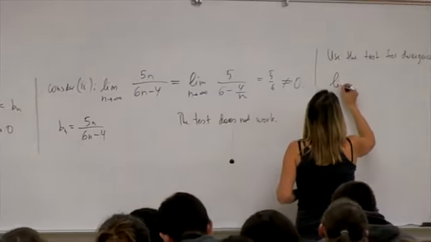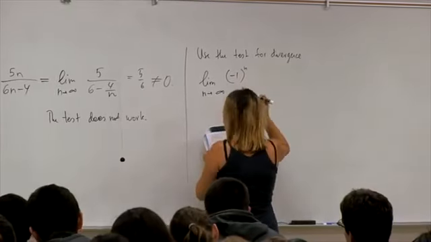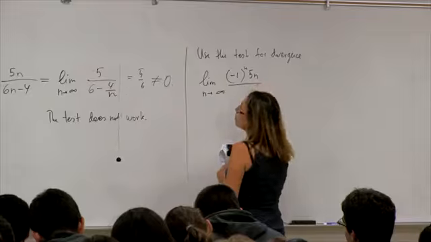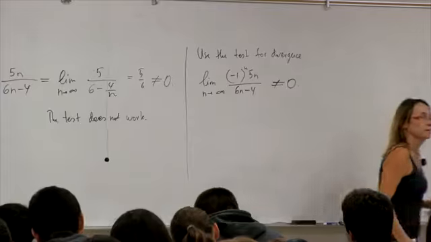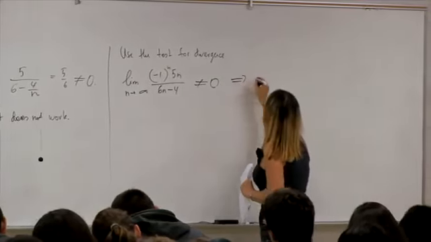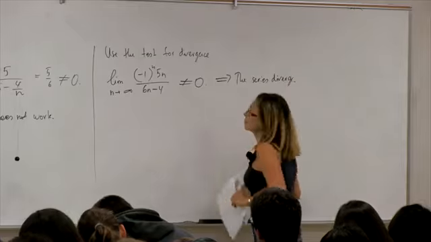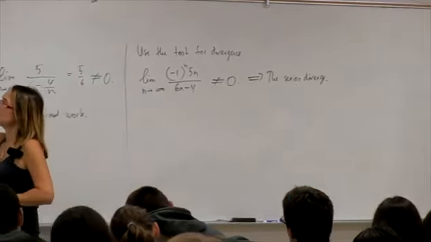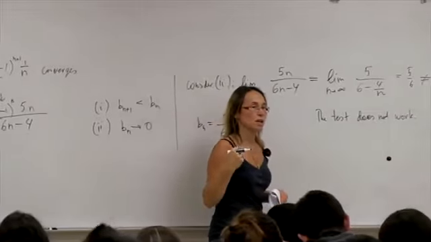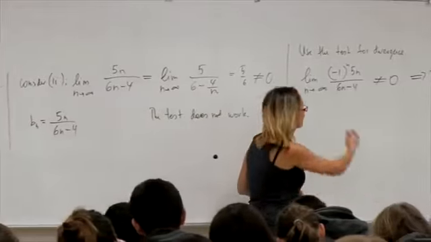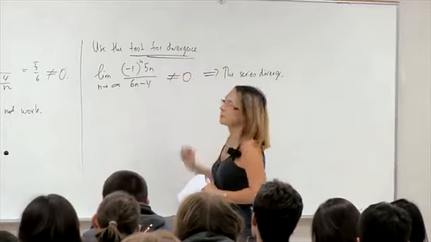So we consider the limit of this whole expression, and we know that it's not equal to 0. In fact, it doesn't even exist. Therefore, the series diverges. So the fact that the alternating series test failed doesn't mean that it doesn't converge. It just means that we need more work. And in this case, the work is easy. We just look at the test for divergence.